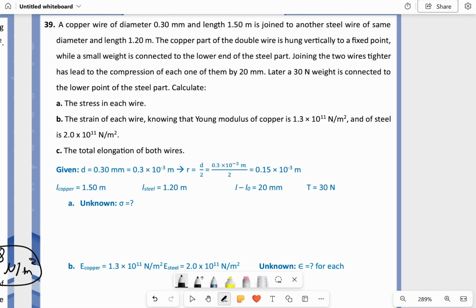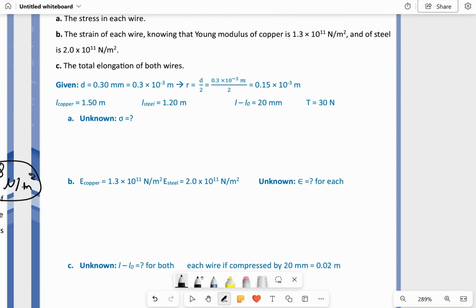So remember, to find the stress in a wire, we have stress of the wire is equal to tension divided by area. Do I have tension, guys? Yes, I have tension is equal to 30 Newton. So 30 Newton divided by area.